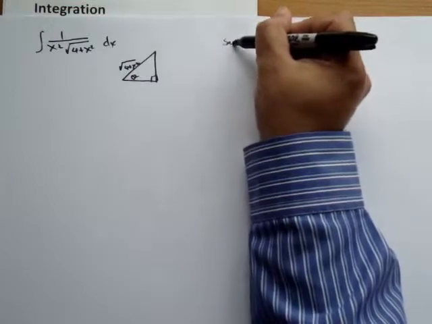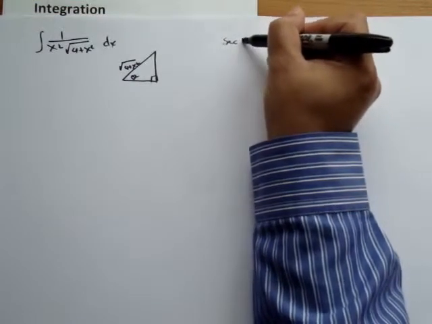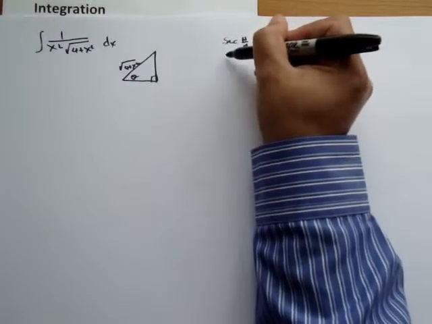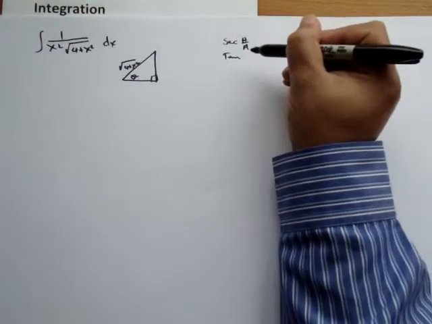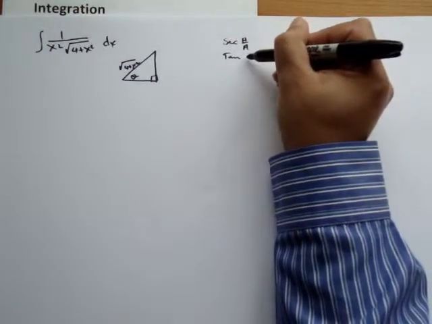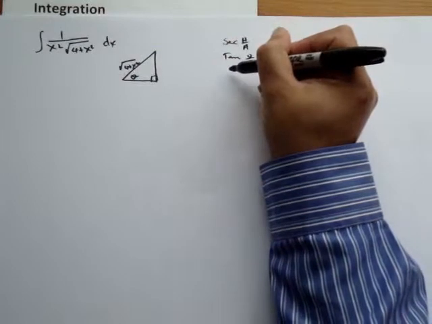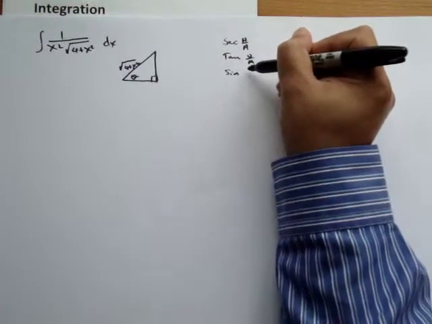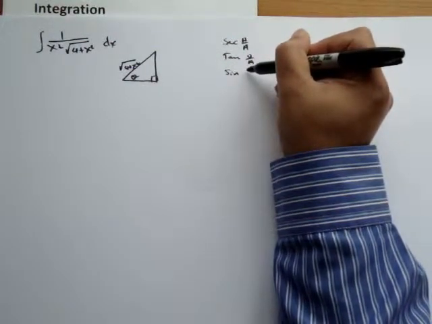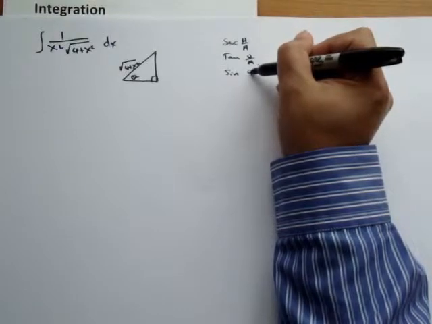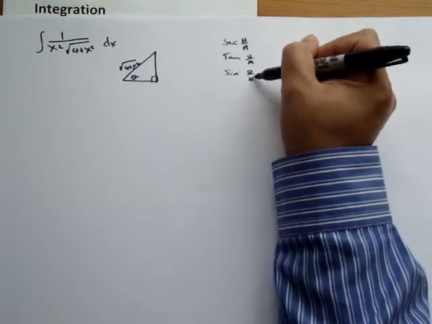So we have sec is h over a, tan is opposite over adjacent, and sine is O over h.